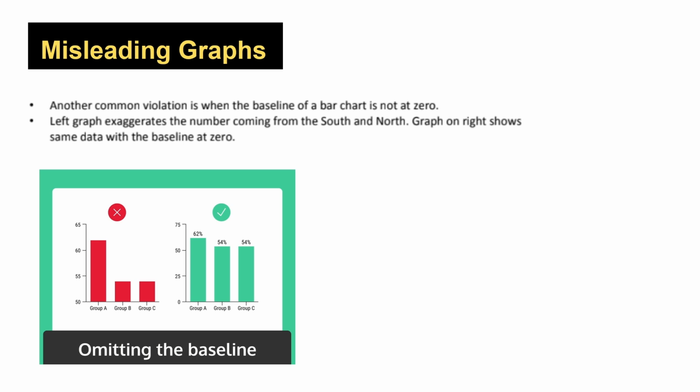Now, another misleading-graph point is when the baseline of the chart is not at 0. The left graph exaggerates the number coming from south to north. The graph on the right shows the same data with the baseline at 0. In the previous example we saw that it was starting from 0.